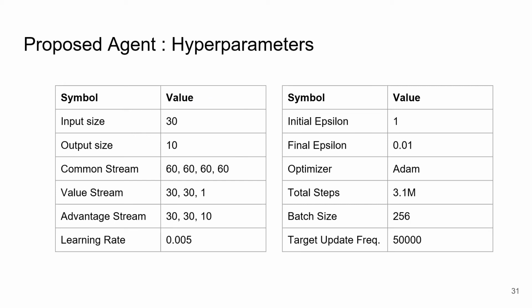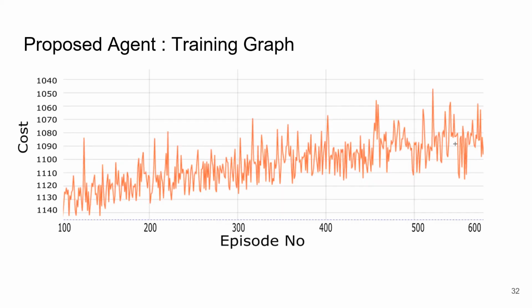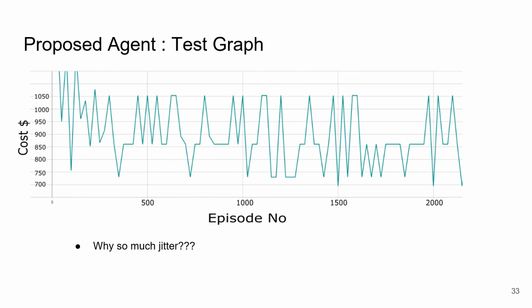Shown are the hyperparameters used for training and the total steps the agent took to obtain the results. The graph shown is a training graph for the agent. The y-axis represents the cost, but in an upside-down fashion. This is the test graph that shows the minimum cost obtained at 1500th episode. The curve shows jitter because of the non-smooth nature of the training objective.